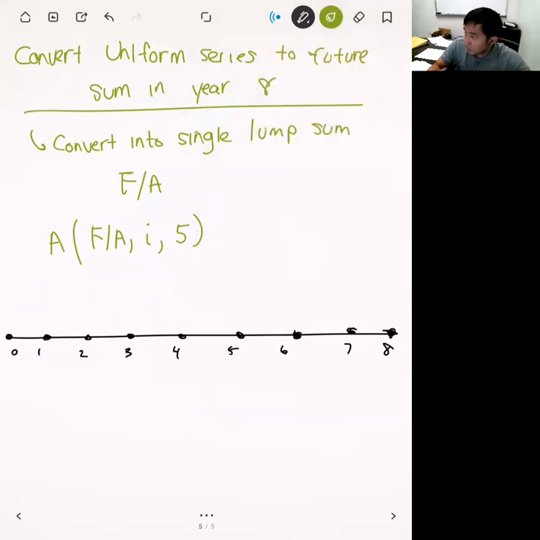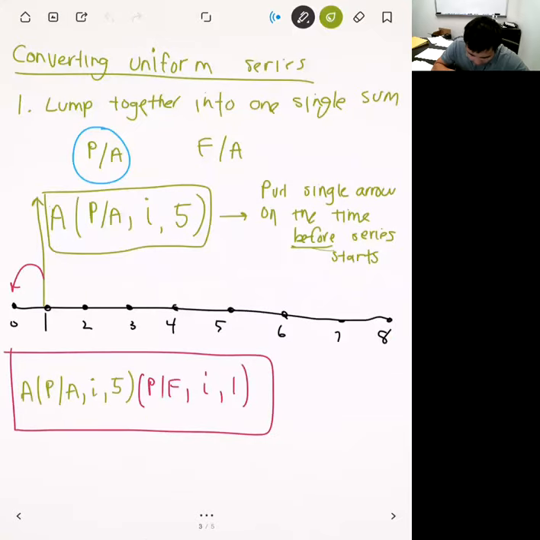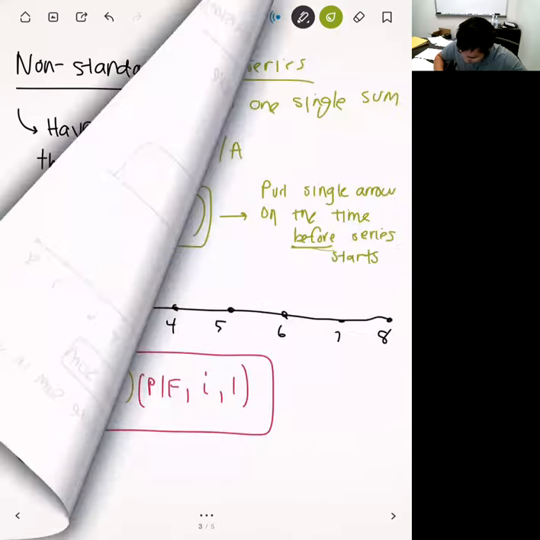All right, and so when you convert a uniform series to a future sum, the arrow that you put is going to be at the same location as where the last arrow occurs. In this case, the last arrow was on year 6, and so the single arrow that we put in is going to be on year 6.